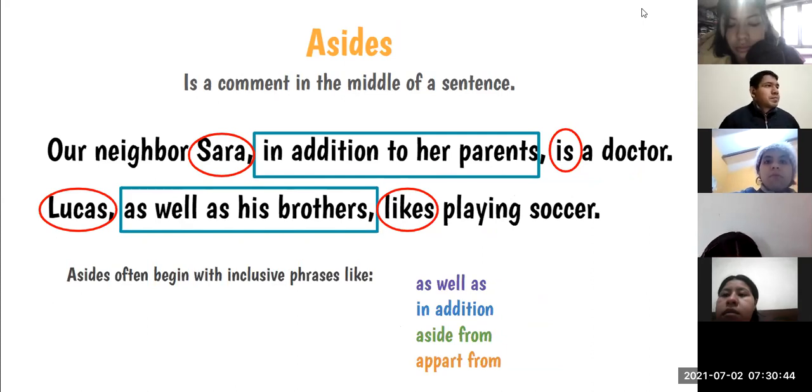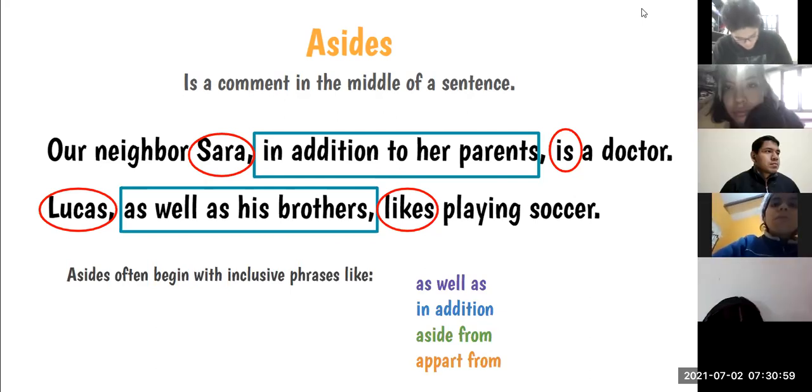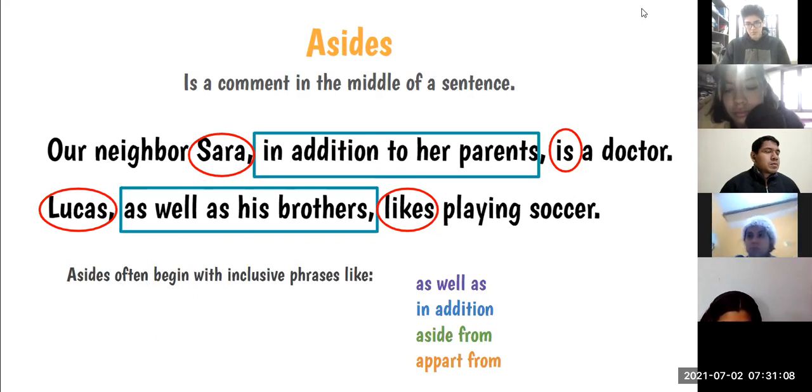What kind of verb do we need to use in sentences with indefinite pronouns? Singular verbs, very good. Any other? Collective nouns. What kind of verbs can we use with collective nouns? Usually singular, or plural depending on the sense of the sentence, right? Very good.